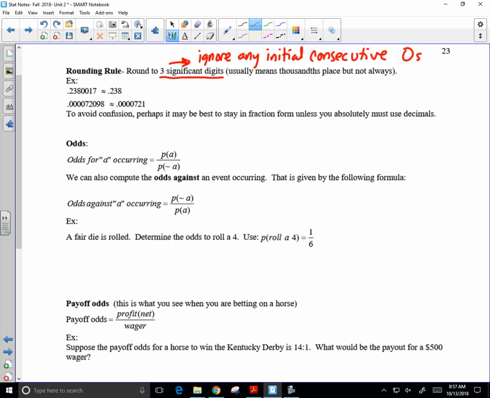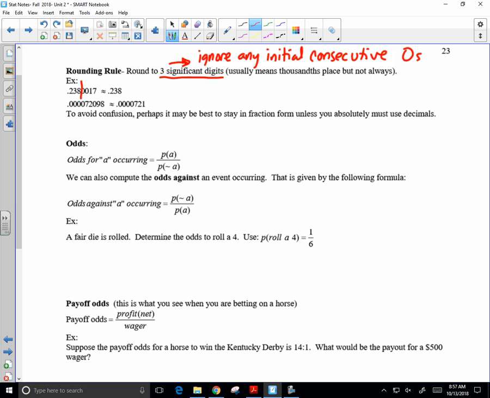In the first case, after the decimal point there weren't any zeros to start off, so I just go to the first 3 values. And that'll be in most cases.